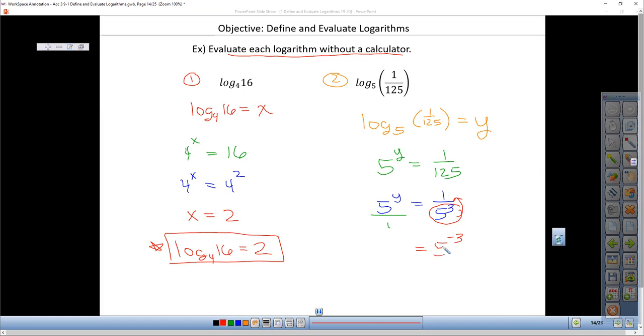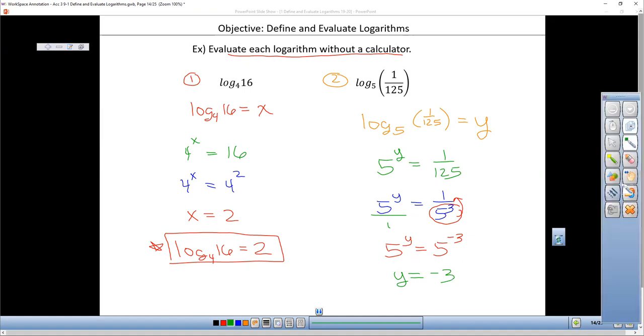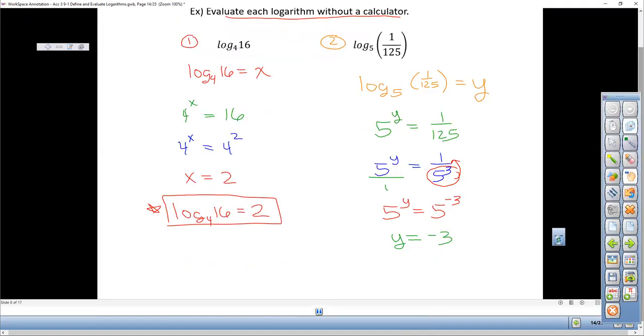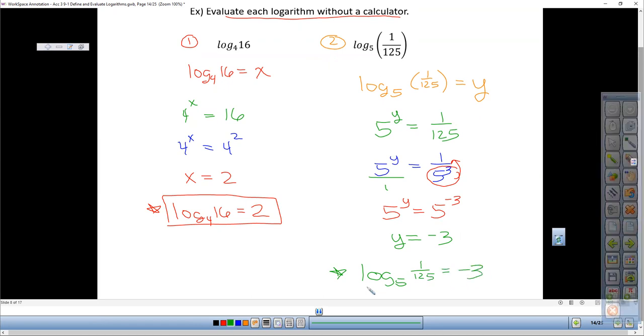Negative means opposite of in that context. So here now we can conclude, since we have a power of 5 equals a power of 5, that the y variable equals negative 3, and that is then our exponent value. So our conclusion, remember, would then be that the logarithm base 5 of 1 over 125 equals the exponent value of negative 3.